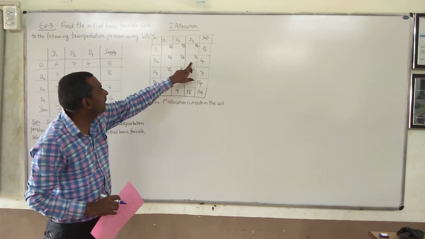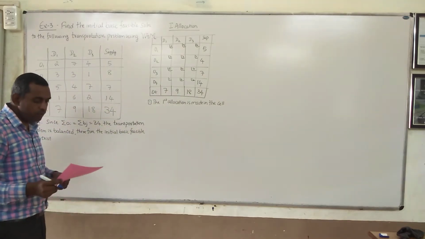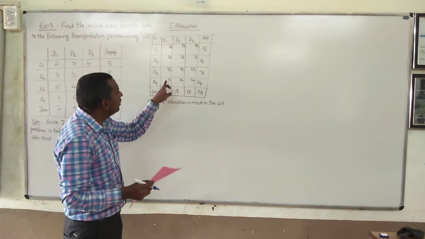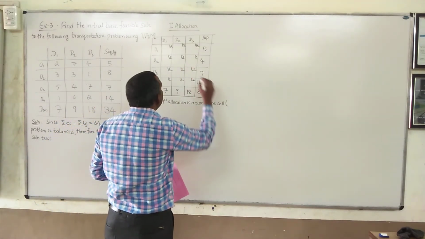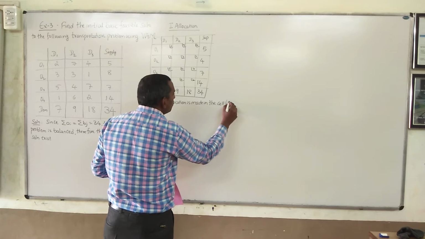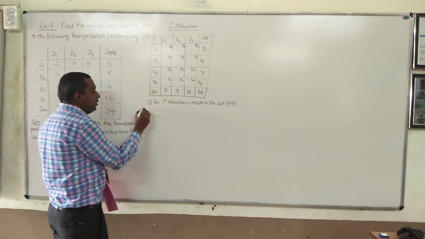Here and here, these are the two smallest costs. So we have to solve this. Which is the smallest cost? This and this. Let me take this one here. So it is made in the cell 2, 4, the magnitude.